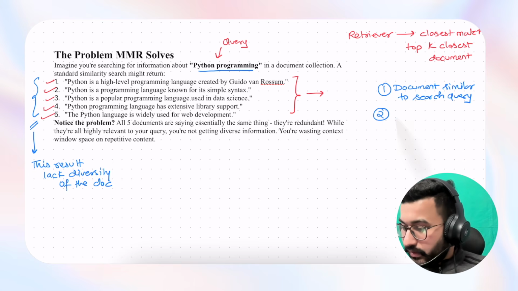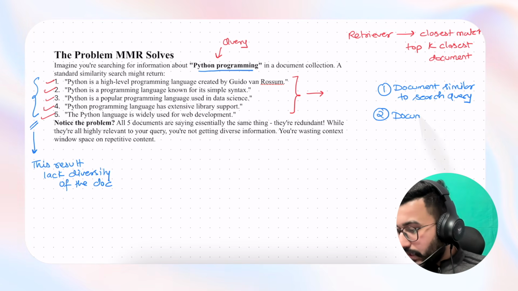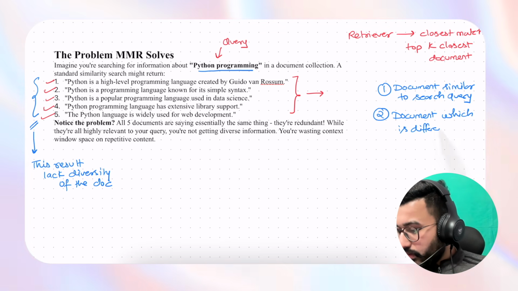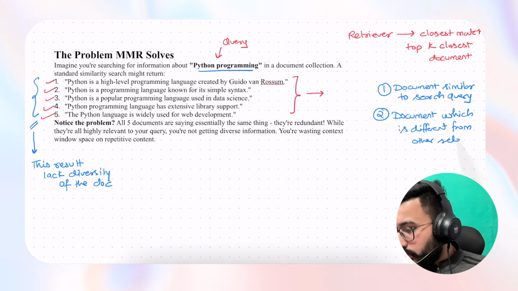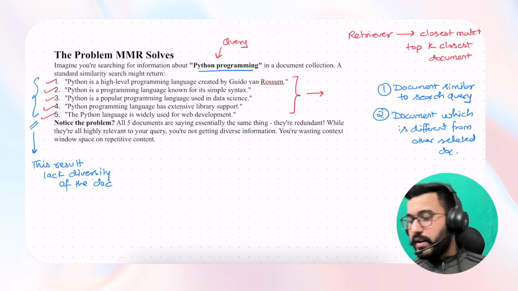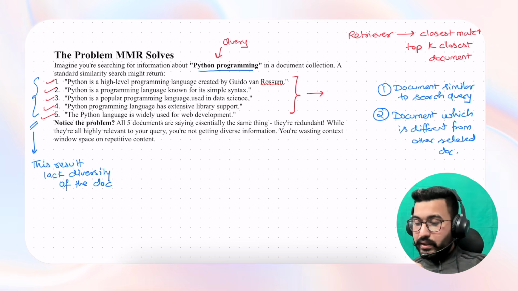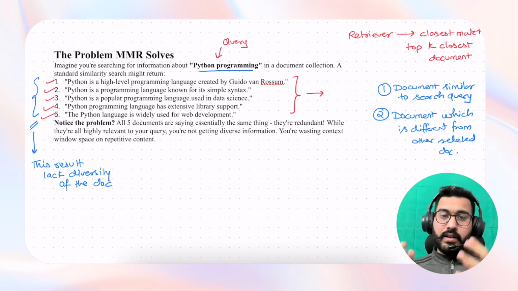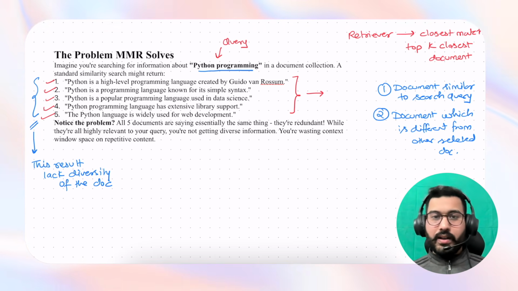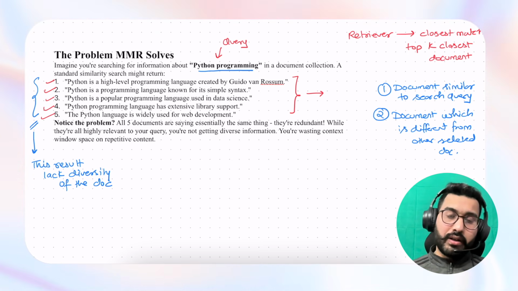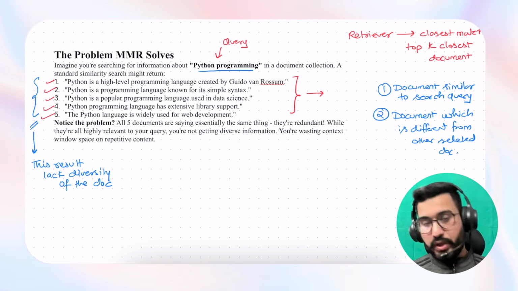Second objective is I need that document which is different from other selected documents in my result. So basically, this is what your MMR tries to fulfill. It tries to bring in diversity in the selected documents or the matched documents.